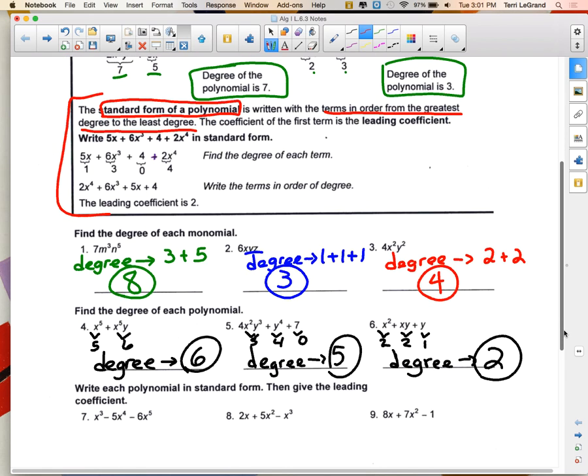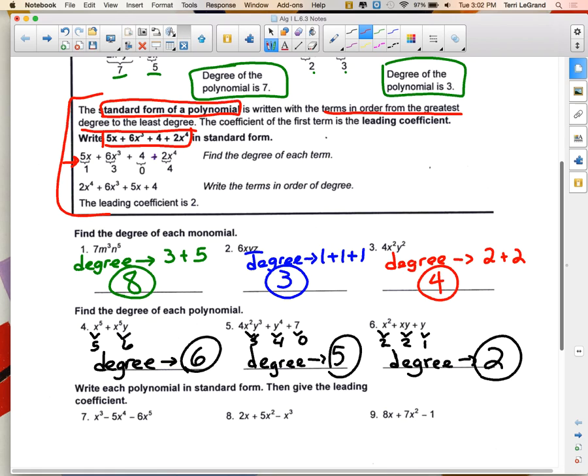So notice what they did. Here's our polynomial. Is this in standard form right now? 5x plus 6x cubed plus 4 plus 2x to the 4th. Here's how we know that it's not. They've already figured out the degree of every monomial. How many monomials are there in this polynomial? 4. There are 4 terms.